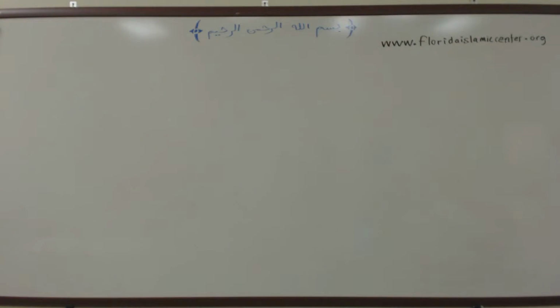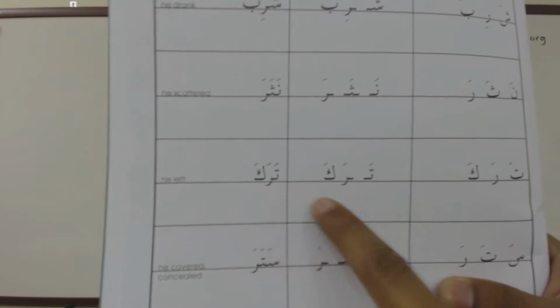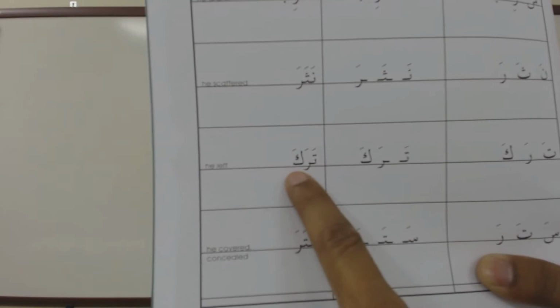Now, if you notice, it says he left, he scattered, he drank. When the verb is given in the, I'm trying to remember the term that's used, the infinitive, that's it. The infinitive of the verb is given in that form, the he form. He left, he drank. So you will see taraka translated as he left or to leave.